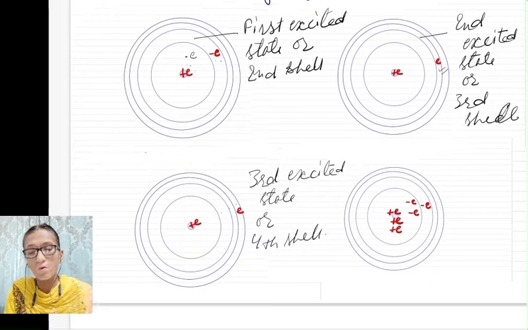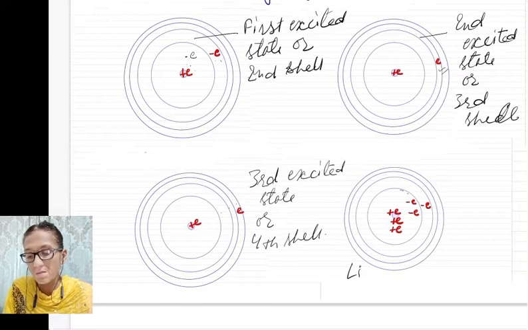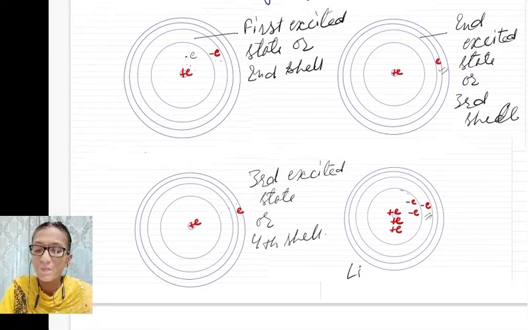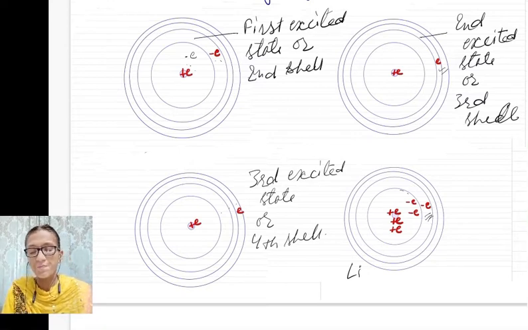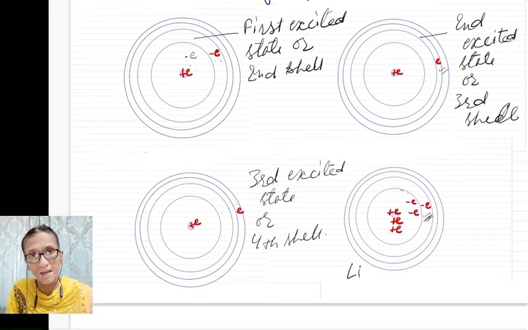But when you take the example of a lithium atom, here 2 electrons are in the first cell and 1 electron naturally is in its second cell. You cannot say that it is in an excited state. It is naturally in the second cell. This is not its excited state.